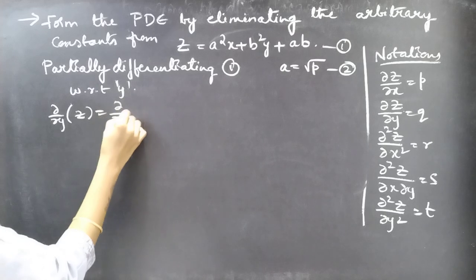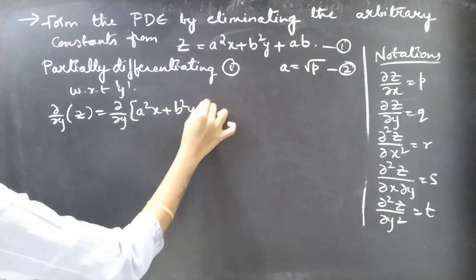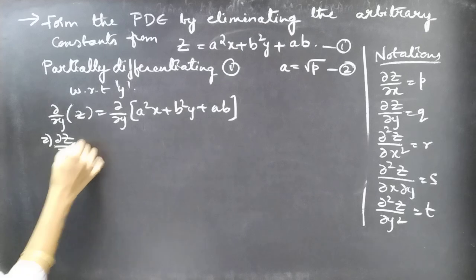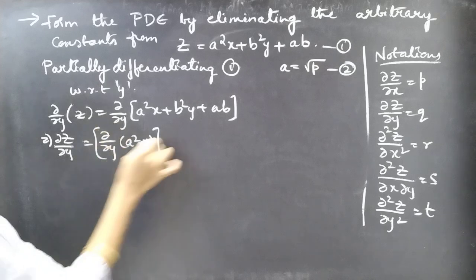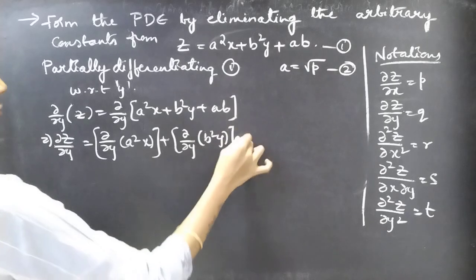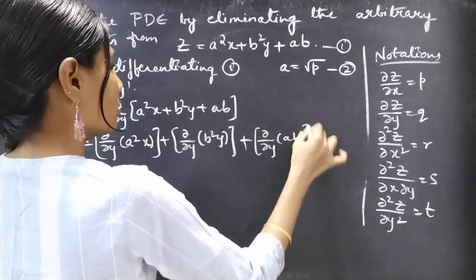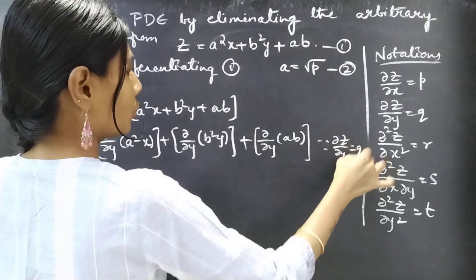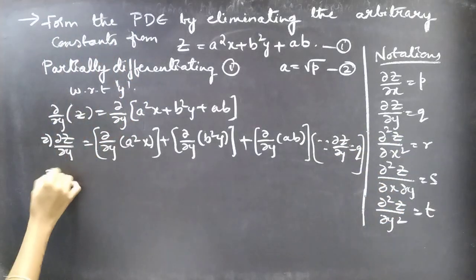Here we are partially differentiating with respect to y, so we'll treat x as constant, which gives us dou z by dou y equal to dou by dou y of the first term plus dou by dou y of the second term plus dou by dou y of third term. Since we have a notation dou z by dou y equal to q, right? So let's replace the LHS part by q.